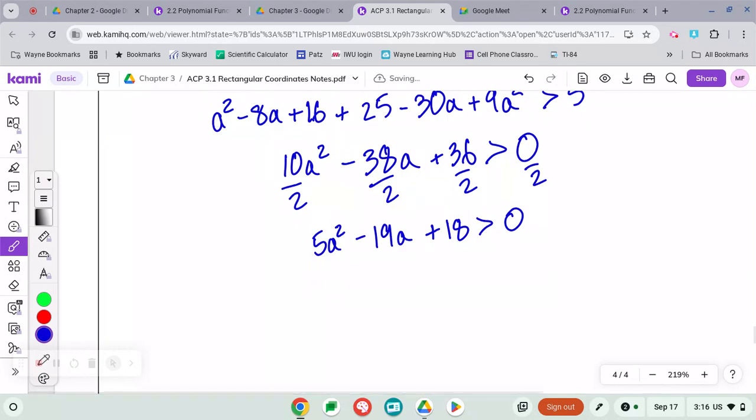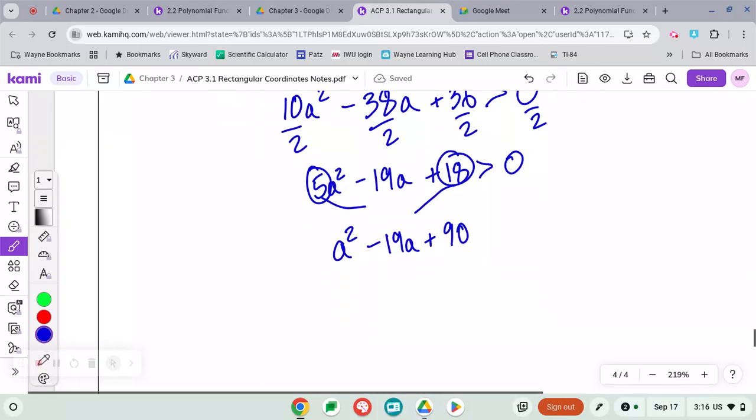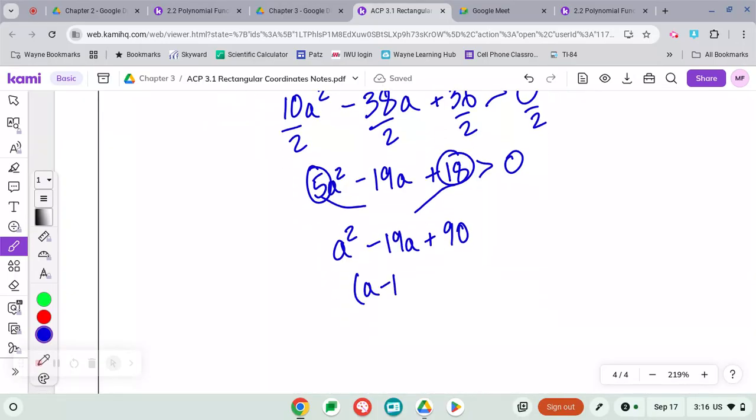Okay, at this point we can use borrow payback. Some of you knew other methods, that's fine. Just we want to factor it. Now this is actually going to be a problem like what we did last chapter. So that comes out to plus 90. We can factor this. So a minus 10, a minus 9. We got to pay back the 5.